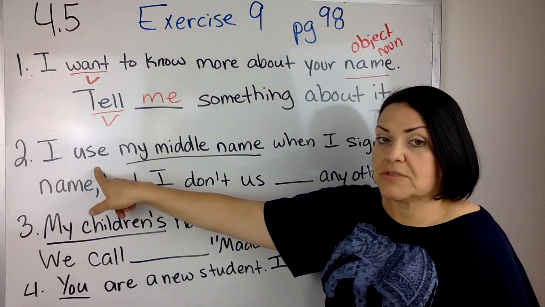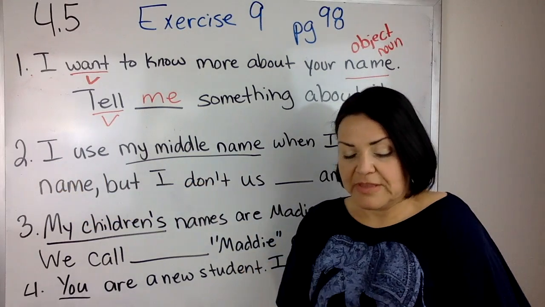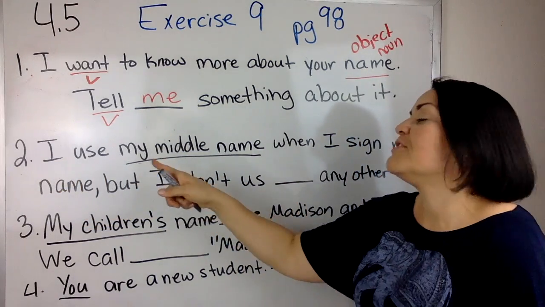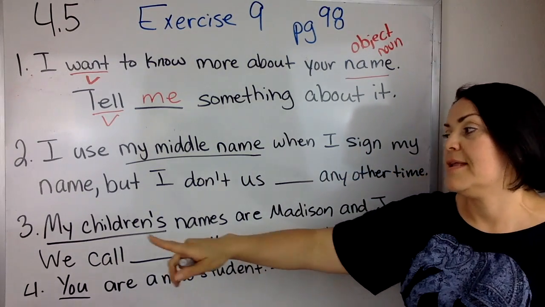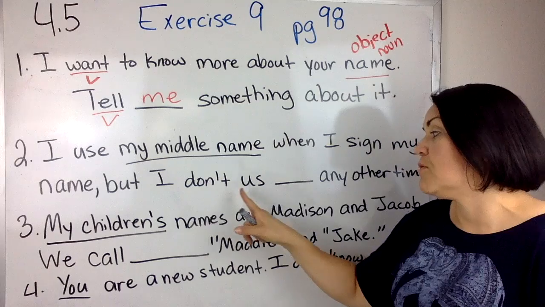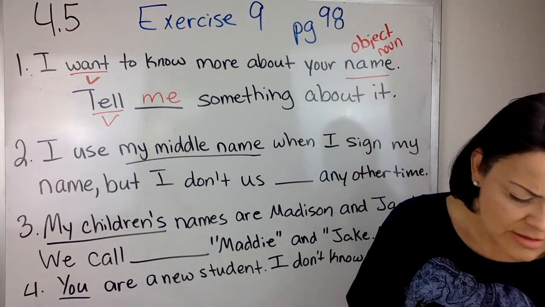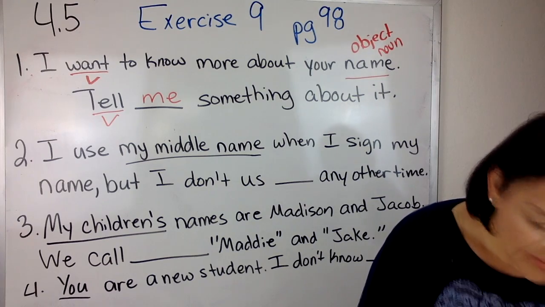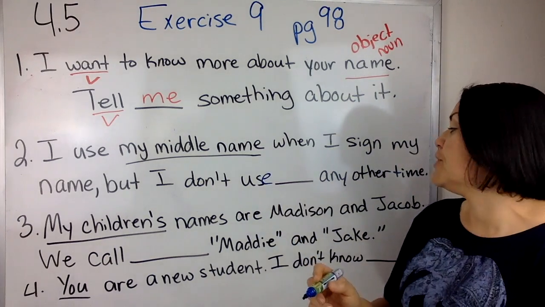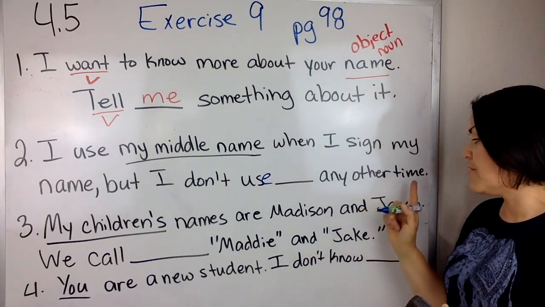I use, so where's the verb? Well, let's read it and then do the verb. I use my middle name when I sign my name. But I don't use, this should be I don't use. Yes, it should have an E here. I don't use blank any other time.